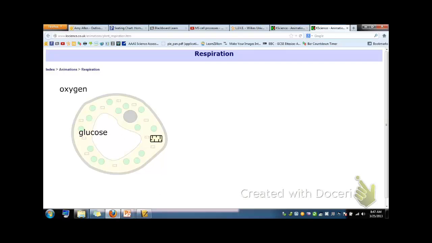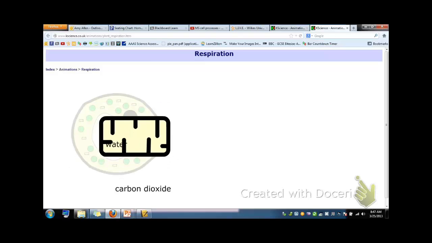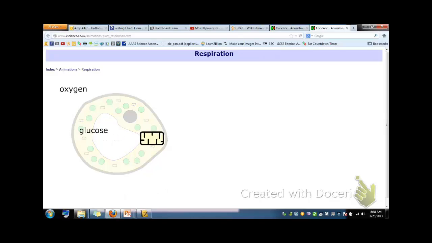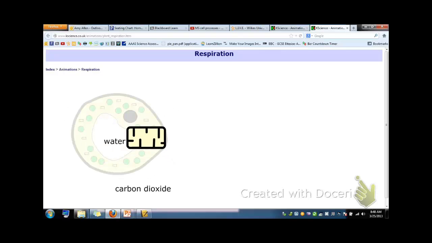What is that thing? No. What's the thing that stores water? Come on. Big thing in the middle. Stores water. Matthew. The vacuole. Correct?